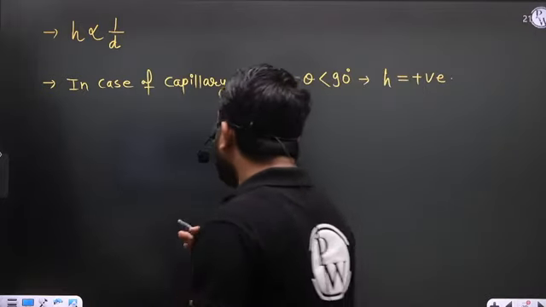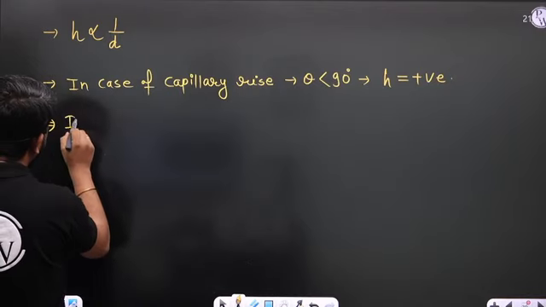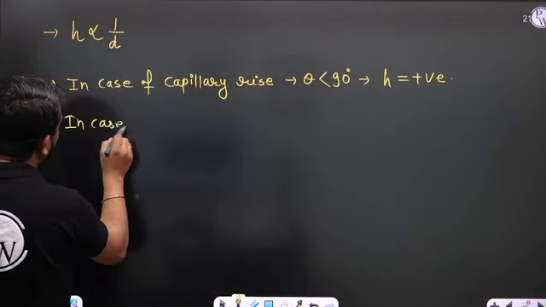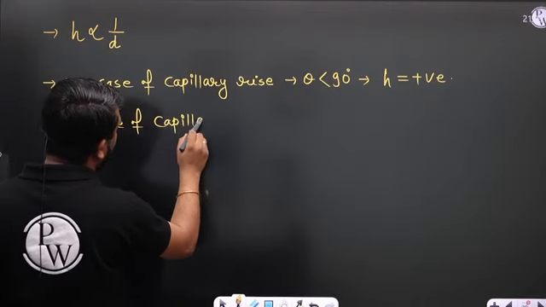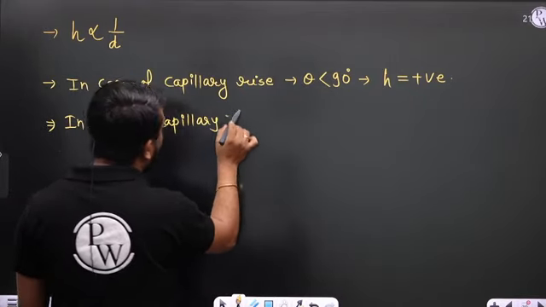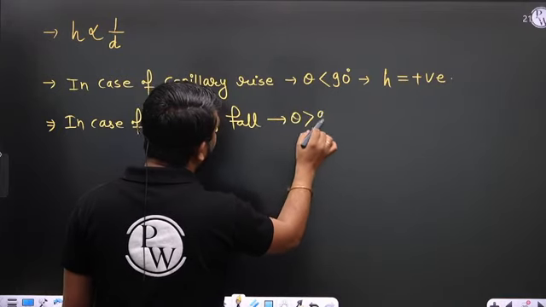And when capillary fall occurs, in case of capillary depression, the theta value is greater than 90 degree.